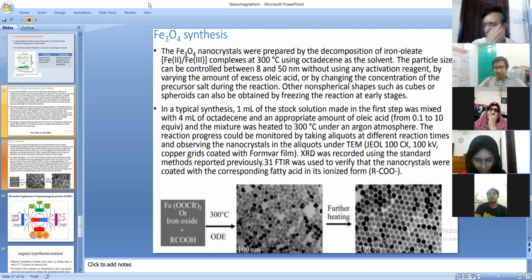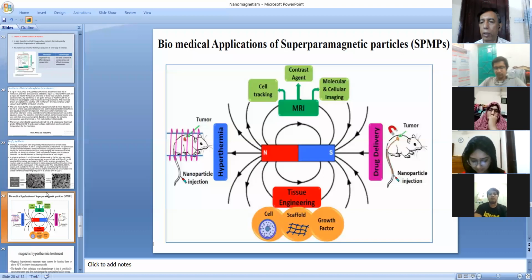Now, we have to see the application of superparamagnetic materials. The main application of superparamagnetic material is in biomedical sciences. We have MRI. MRI is the main thing in our diagnosis.